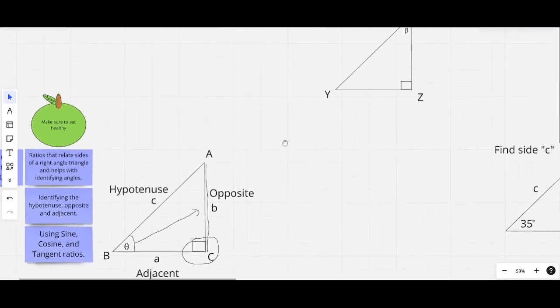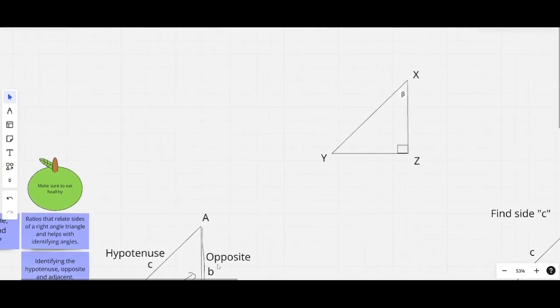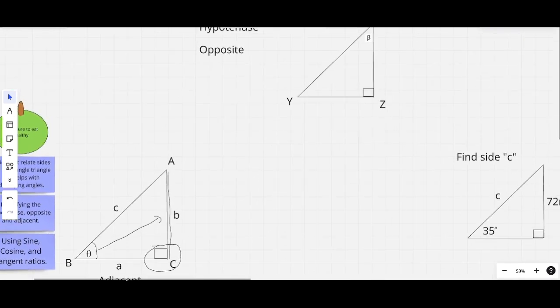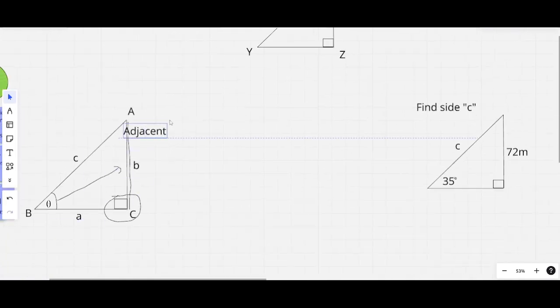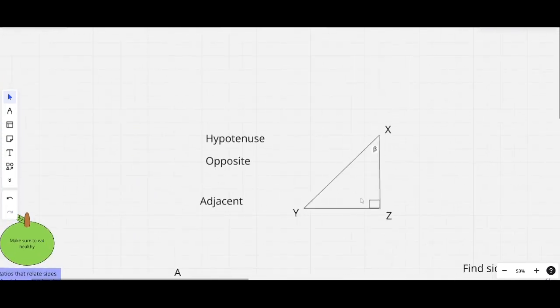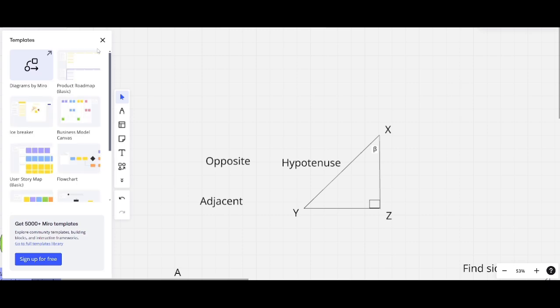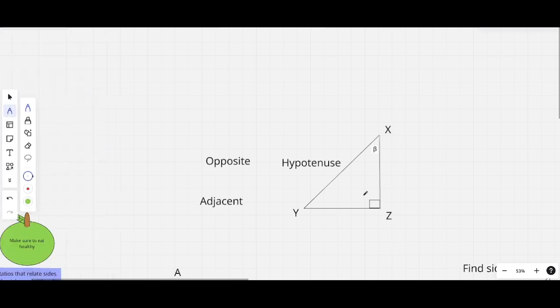So, looking at this triangle up here, let's label the hypotenuse, opposite, and adjacent. To begin, our hypotenuse is always the side that's opposite to our right angle. So the hypotenuse will always be here because it is opposite to angle Z, which is our right angle.